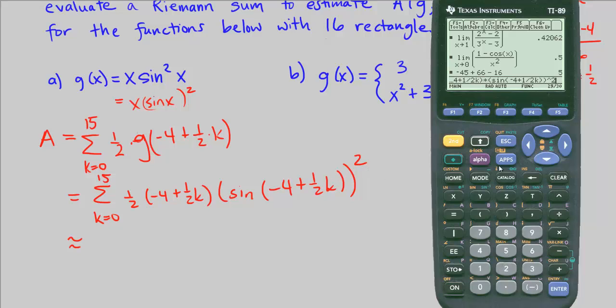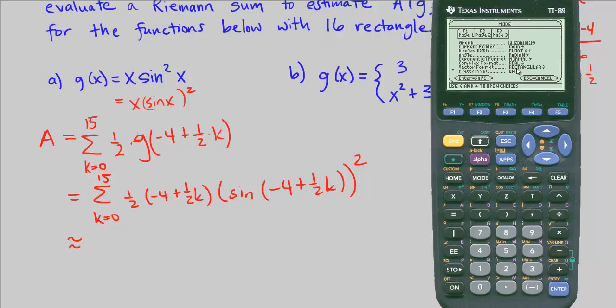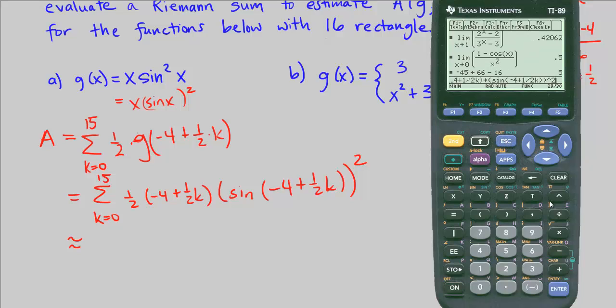And just to be safe, I want to make sure my mode is in radians, which it is. Then I'm going to say the variable I'm using, which is k, comma, and I'm going from k is 0 to k is 15.